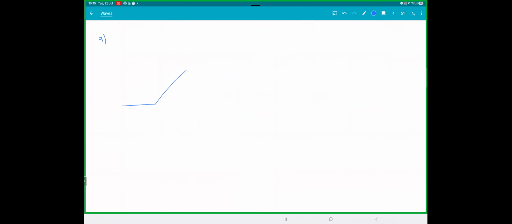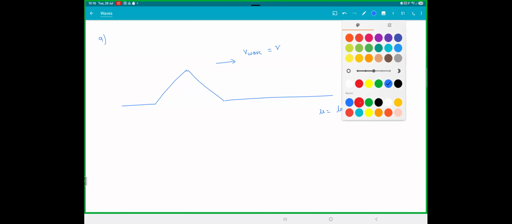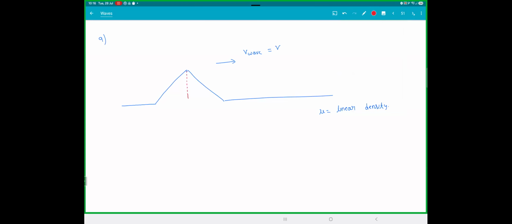We have a triangular pulse which is going on a string. The speed is v, mu is your linear density. This height is a, and this whole length is L. And A is much, much smaller than L. So the amplitude is very small.